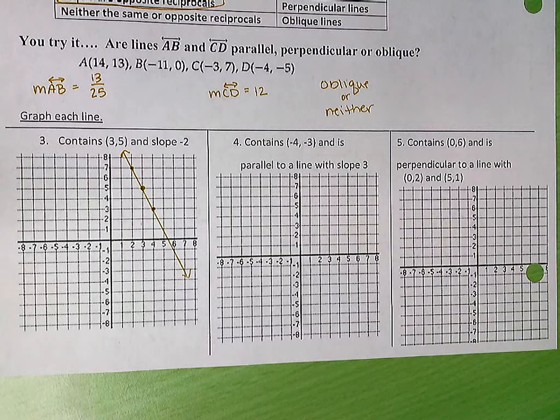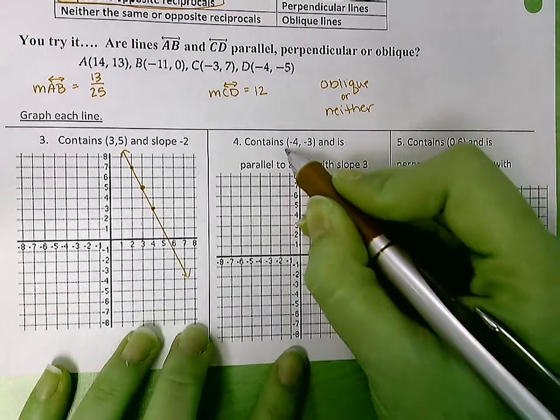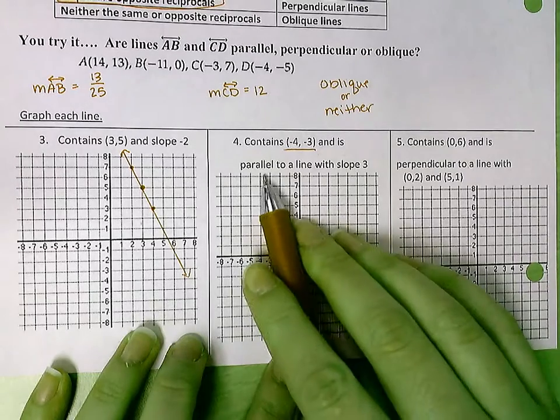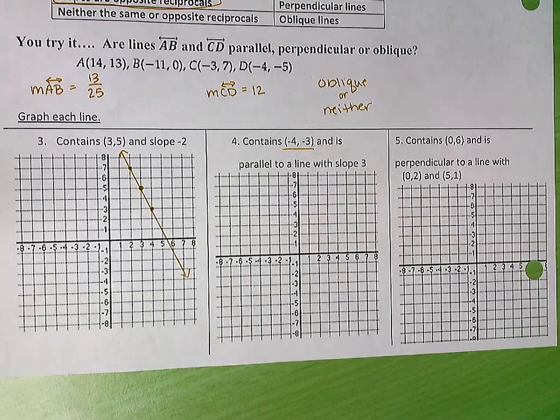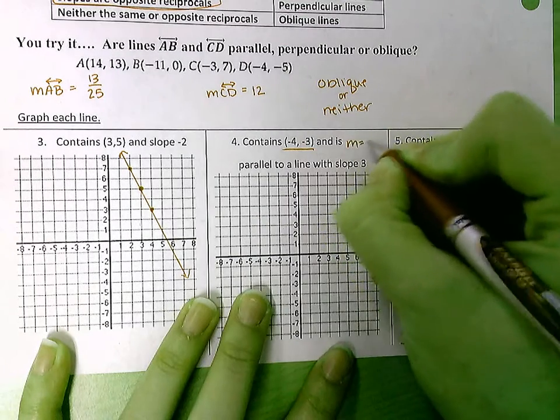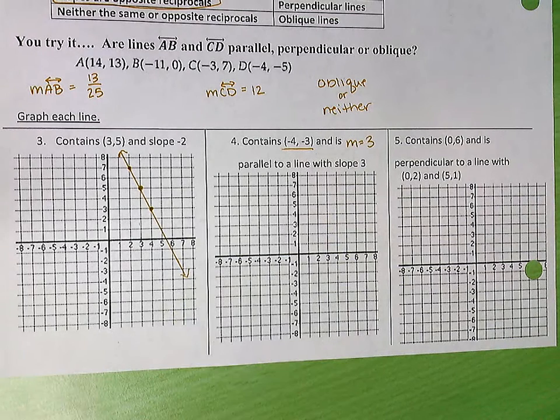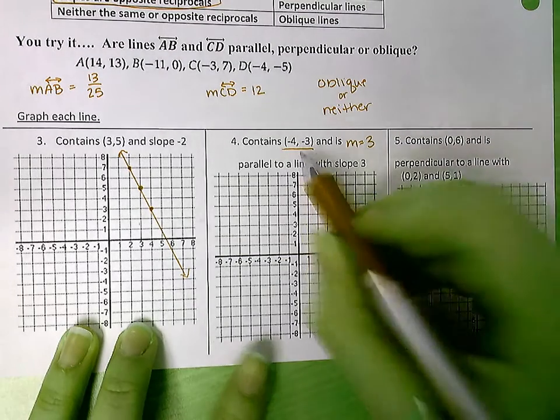Okay, so I know you guys did that last year in algebra. Now, number 4, we want to graph the line that contains this point and is parallel to a line with a slope of 3. So if it's parallel to that line with a slope of 3, what does our line slope have to be? Identical. Okay, so we're still using that slope of 3 for the line that we want to draw in, because parallel lines have the same slope. So again, I'm going to plot this point.